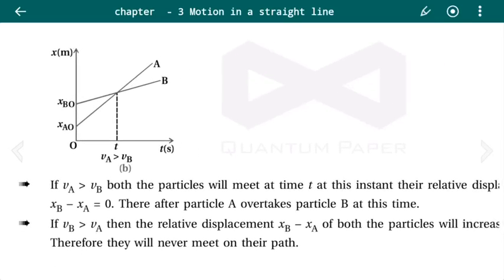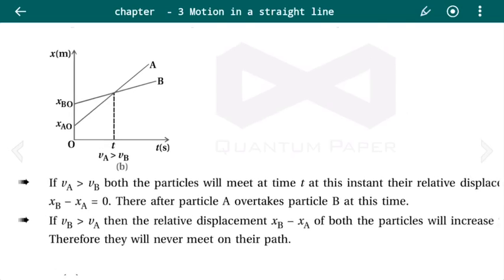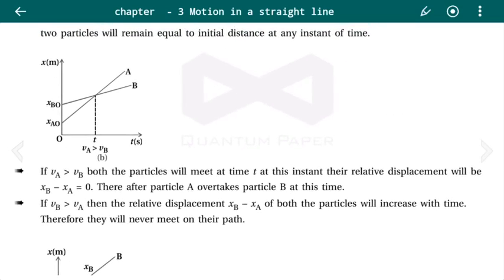And after this time t, particle A will overtake particle B. Why? Because here we have seen that particle A has greater velocity compared to particle B. So if vb is greater than va, then the relative displacement xb minus xa of both the particles will increase with time. Therefore, they will never meet on their path.